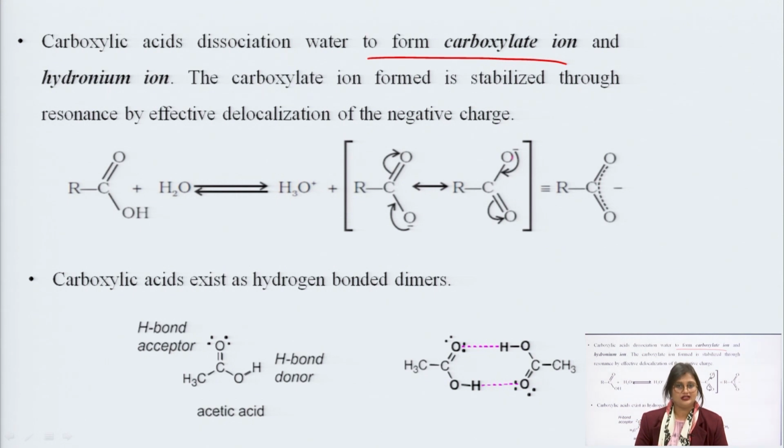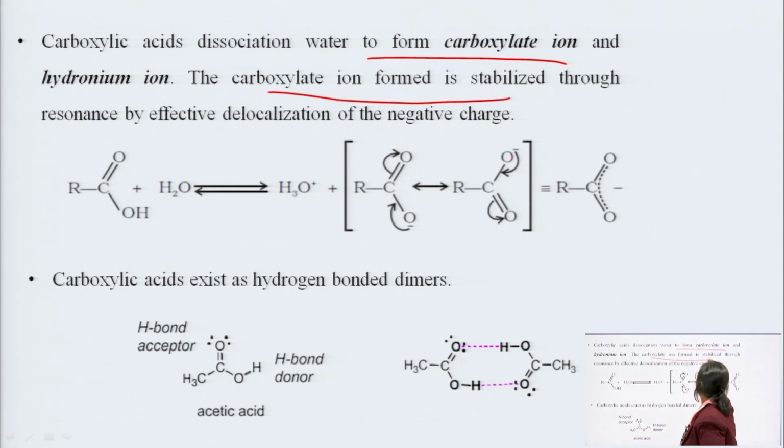So, when carboxylic acid is mixed with water, two ions are formed from the one single acid: the carboxylate ion and the hydronium ion. The carboxylate ion formed is stabilized through resonance.